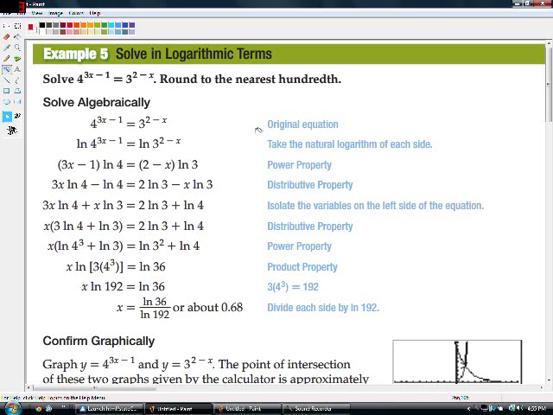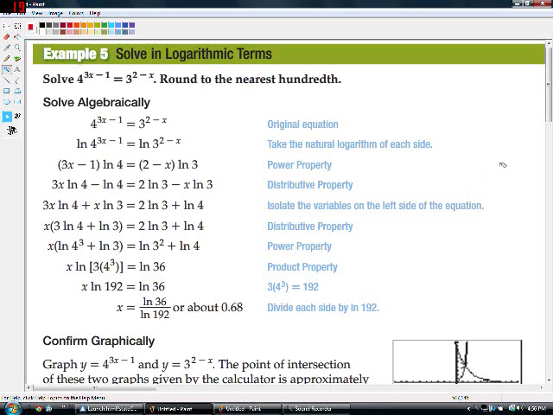So, we're going to take the natural logarithm of each side. Okay? Then, we're going to use the power property and move the exponents to the other side of the natural log. Then we distribute, and get 3x natural log 4 minus natural log 4 equals 2 natural log 3 minus x natural log 3.